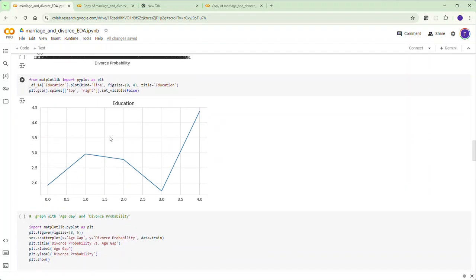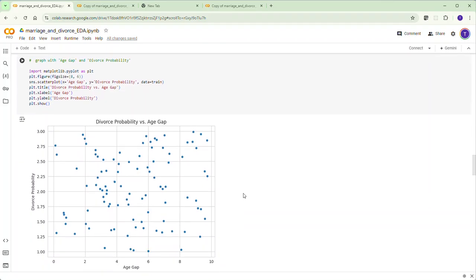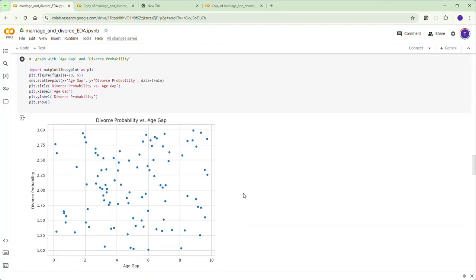This is another example. I actually chose to do the education piece of it, plot the education on it. So from this point, it's basically just different plots of data. In this case right here, the plot was created for divorce probability versus age gap.